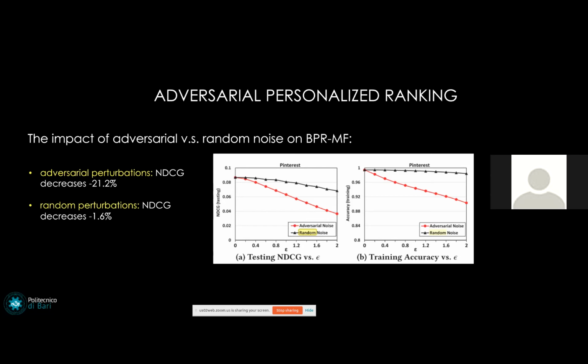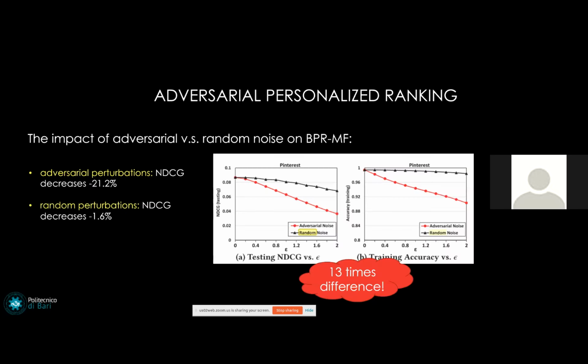For example, for a given epsilon, as presented here, the adversarial noise was able to reduce NDCG by -21%, whereas random noise could only reduce it by -1.6%. This is a difference of about 13 times. This is an indication that these attacks are doing something very important with respect to the outcome of the recommender system, which is user satisfaction.